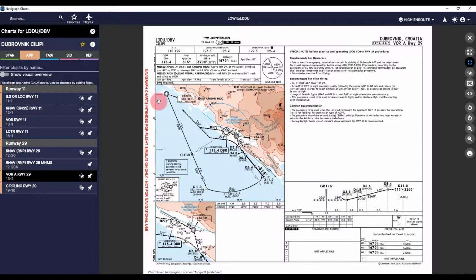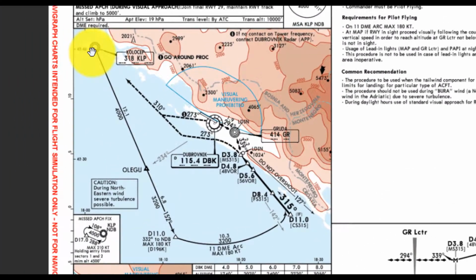When we come out from the STAR at Kolosep, we are going to fly a 152 heading to link up to the 11 DME Arc from the Dubrovnik VOR.